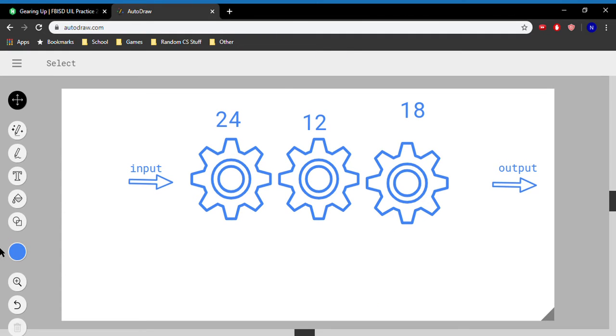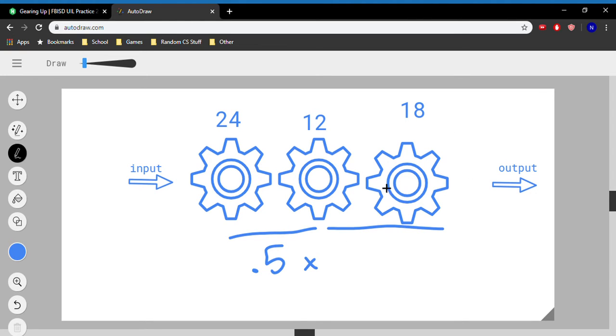Then all we would do is take the ratio for this gear chain right here, which we already found to be 0.5, and then multiply that by the next gear pair, which is 12 and 18. So we do 18 divided by 12, which is 1.5. And then when we multiply those together, we get 0.75.